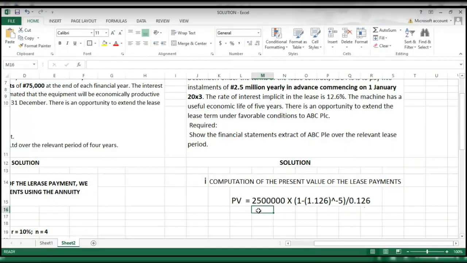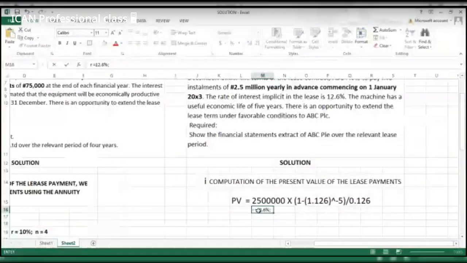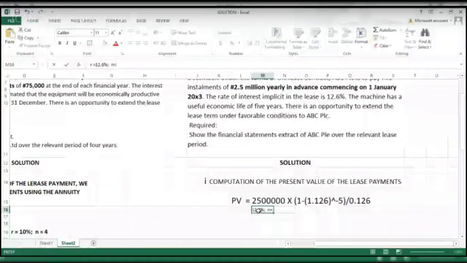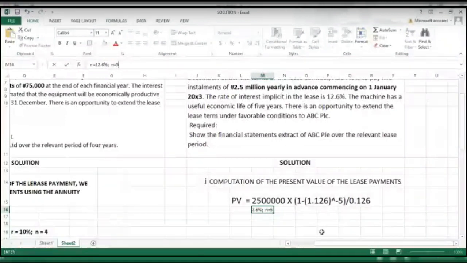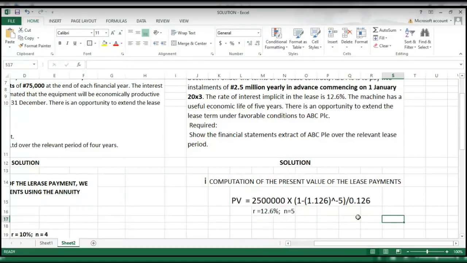Our R equals 12.6%, which is given in the question, and our N equals 5, which is also given in the question. Let me put that in so that we can see clearly. That's how we enter the information inside this formula.